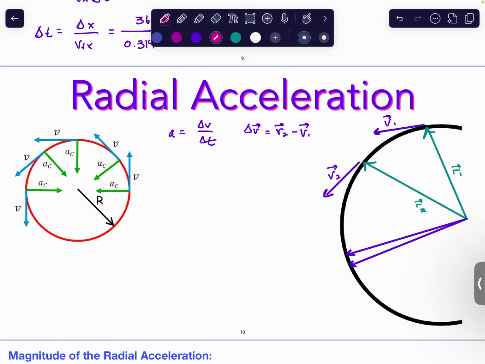So if you notice here, the thetas are getting much, much smaller. So this time, I have velocity like that. Like that.